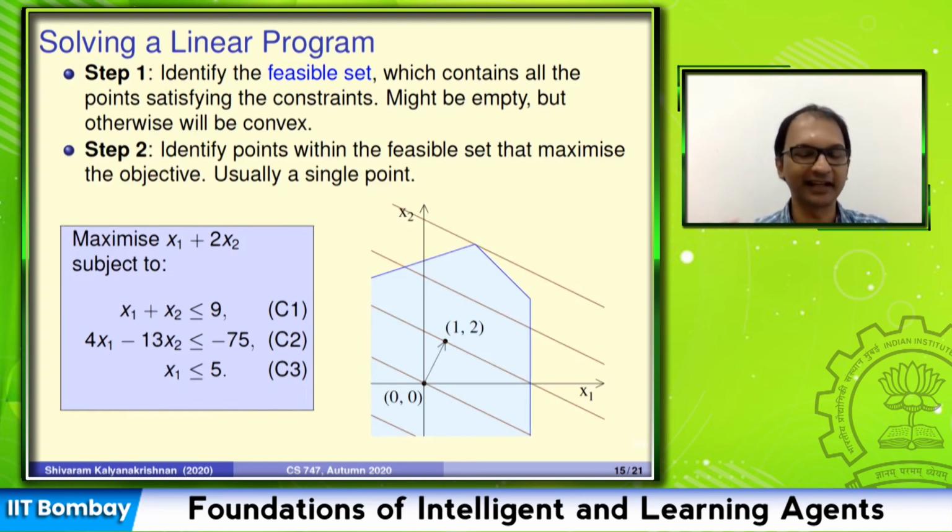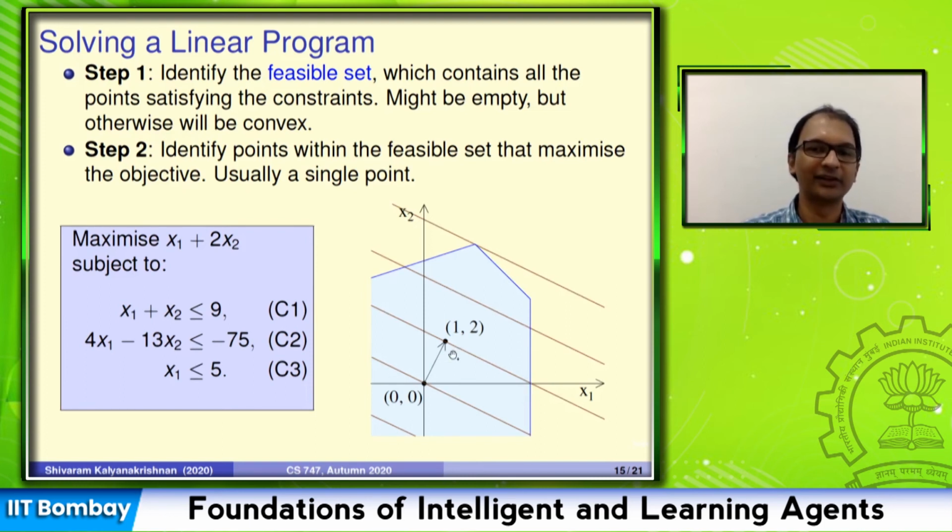So that again has a nice geometric interpretation. Remember, the objective function here is x1 plus 2 times x2. So for a given point x1, x2, the value of its objective function is given by just taking a dot product with the vector 1, 2. So 1, 2 looks like this. This is the 1, 2 vector.